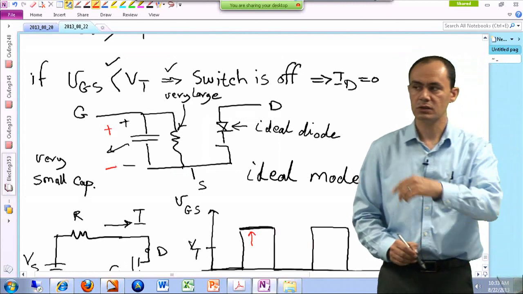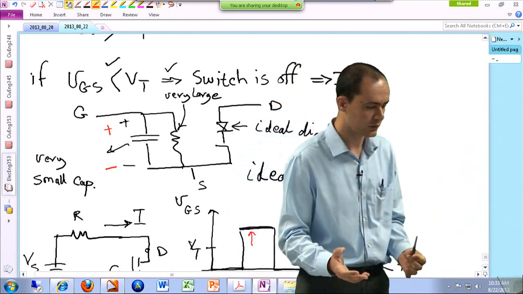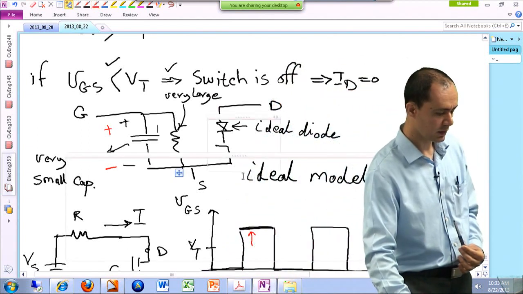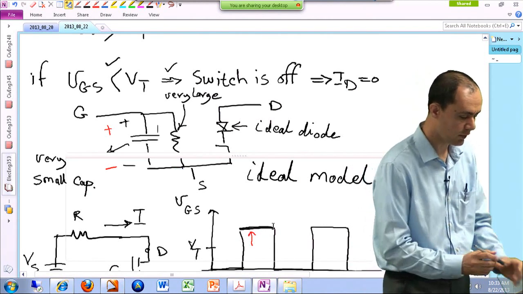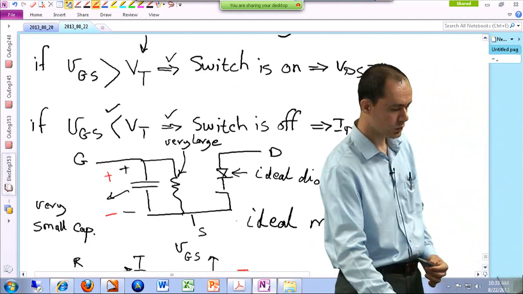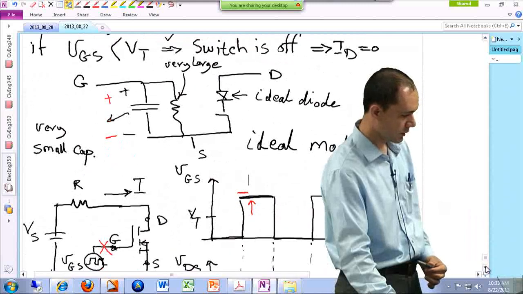So the MOSFET continues to be on, even though you have physically disconnected your gating signal. If that disconnection happens right after your gate signal was positive, like here, the device continues to be on. So just remember that.